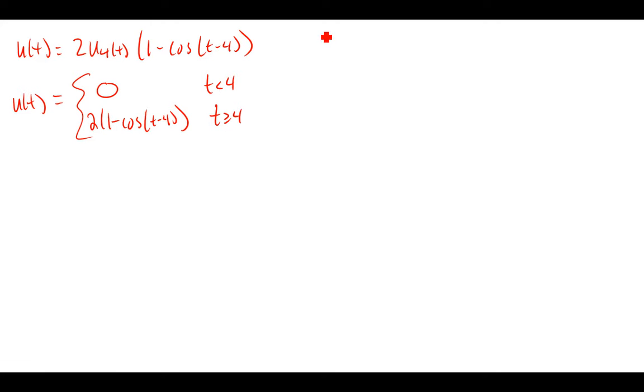So if I wanted to graph this, I could. I can say, all right, time 4 is where there's a change in behavior, so I'm at least going to put time 4 on the graph. And then probably the piecewise function here is the best way to look at this.